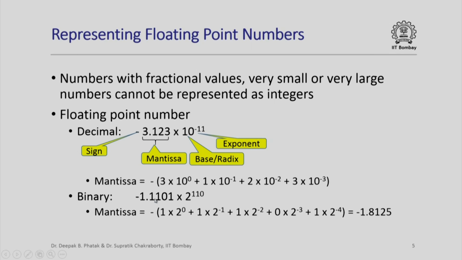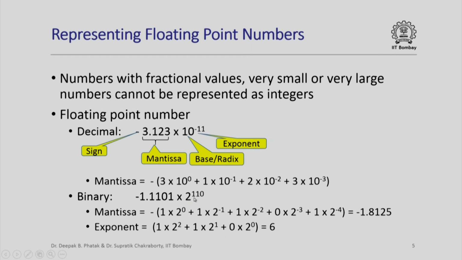And then for the rest of it, just like here we multiplied this by 10 raised to minus 1, the 2 by 10 raised to minus 2, and 3 by 10 raised to minus 3. Here we will multiply this one by 2 raised to minus 1, the next one by 2 raised to minus 2, then 0 into 2 raised to minus 3, and finally 1 times 2 raised to minus 4. And if you do all of this calculation, you will find that this corresponds to minus 1.8125 in decimal.